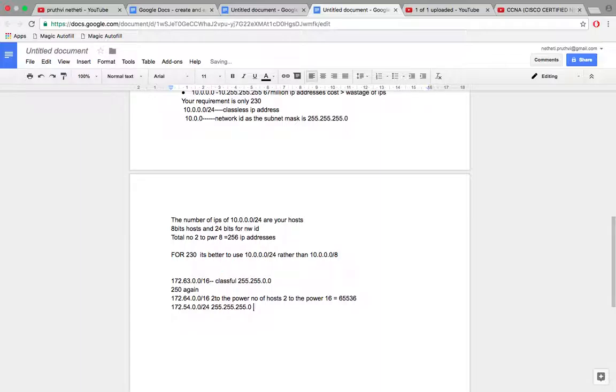So the number of hosts is 2 to the power of host bits, 2 to the power of 8, which will give you 256. So requirement is 250. You have 256. 6 addresses are there for your spare. So it's better to use 172.64. Both are 64s, okay? It's just my typing mistake.